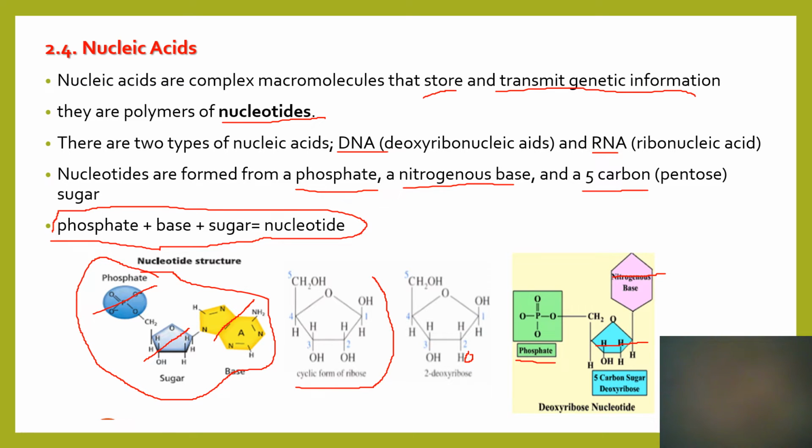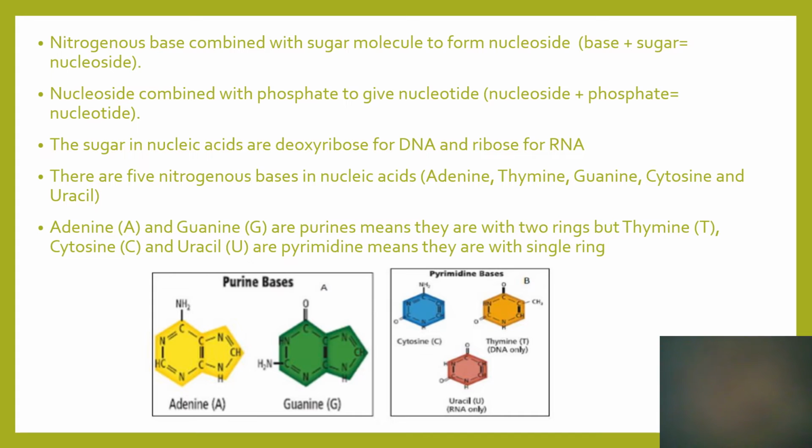So these 3 molecules are joined together to make one nucleotide. Here, when a nitrogenous base is combined with a sugar molecule, immediately a nucleoside molecule is formed. Here, base plus sugar gives a nucleoside. And when a nucleoside is joined with a phosphoric group or phosphate group or phosphoric acid, then a nucleotide is formed.